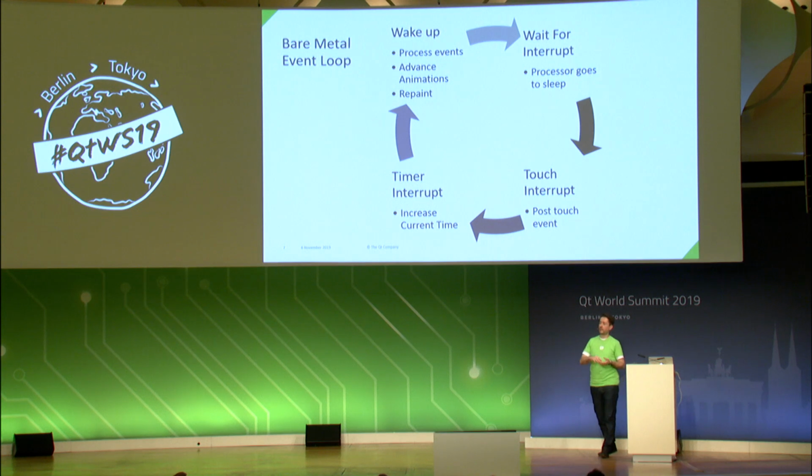So for a touch event, that, for example, means finding the item that is under the finger, notifying that item, and then maybe running some code that you have specified for when this button is pressed, some business logic that should become active. Another thing we also automatically do after we've processed any pending events is look at animations.